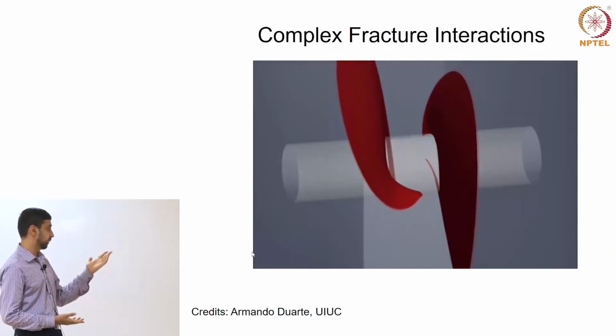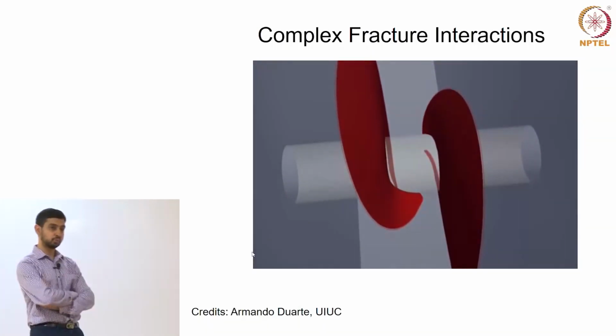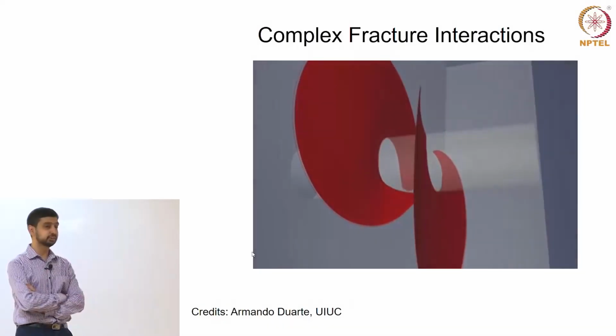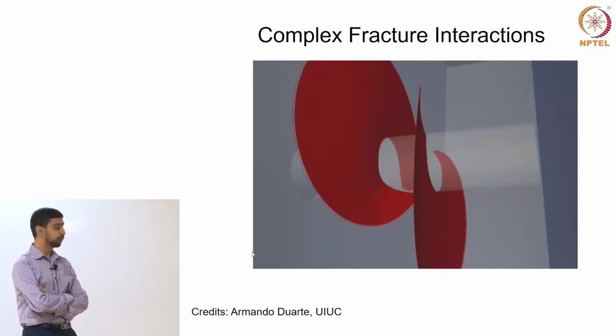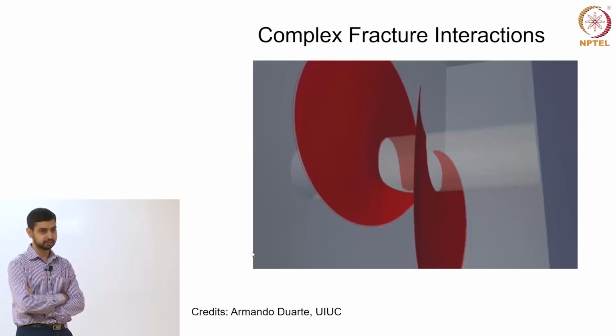And this essentially has an impact on how the engineer should tailor their perforations. Maybe having two perforations really close to one another is not such a good idea, right? This is a recommendation that can be made. Maybe if you have one stage of hydraulic fracturing operations, having multiple clusters may or may not be economically profitable.